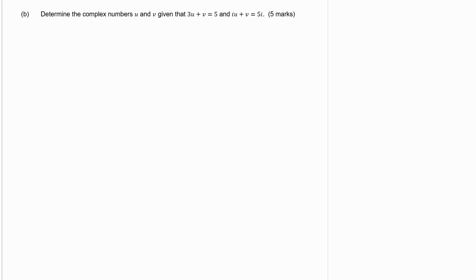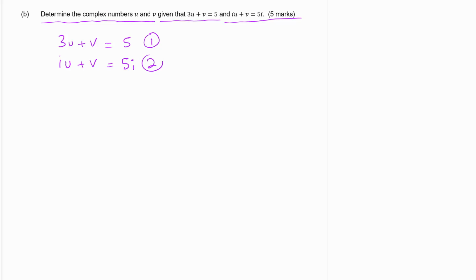Now we've got some simultaneous equations. Determine the complex numbers u and v, given that 3u plus v is 5 and iu plus v is 5i. So I've got 3u plus v is equal to 5. Let's call that equation 1. And I've got iu plus v is equal to 5i.